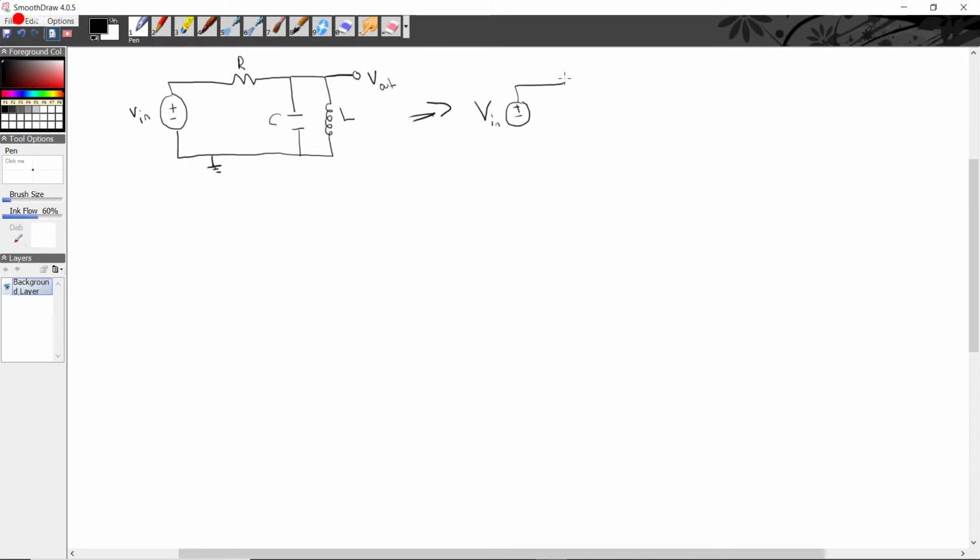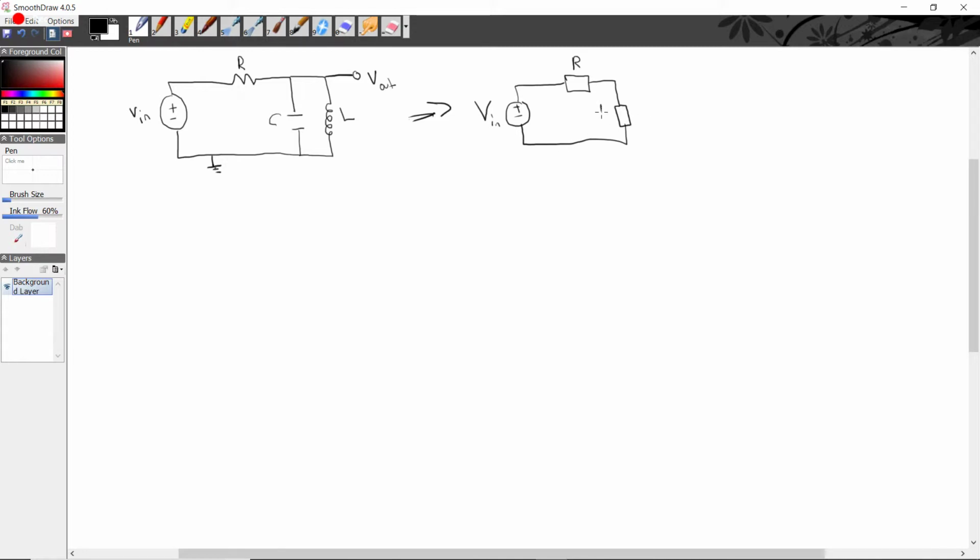And now R, it's a complex impedance, right? But resistors are not frequency dependent. So even though I'm drawing this as a complex impedance, its impedance is still just R. For the capacitor, we're also going to draw a box. But we know that as frequency increases across a capacitor, its impedance decreases.